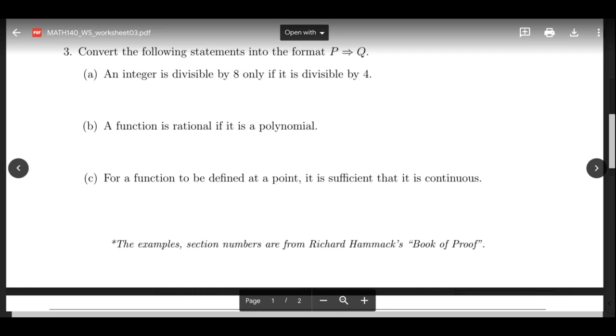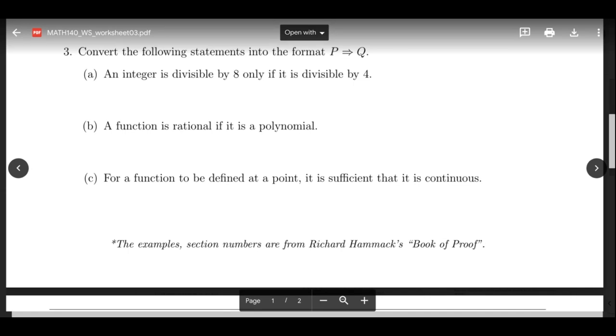In your case, you wrote Q implies P. However, the instruction asks us to do P implies Q. So we have to follow the instruction.